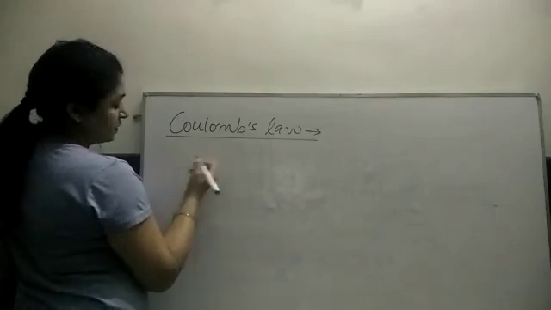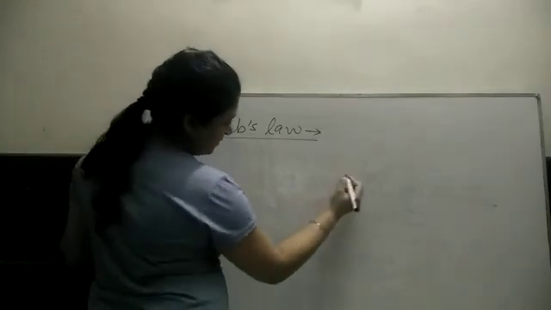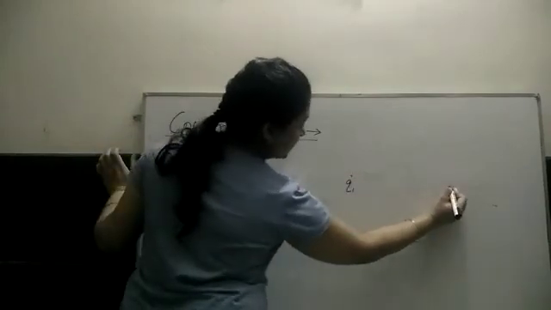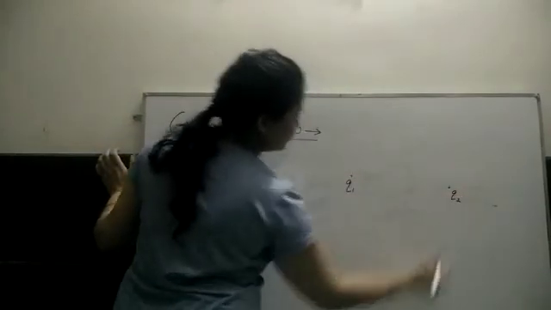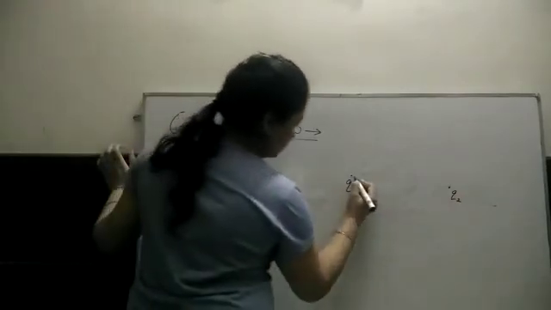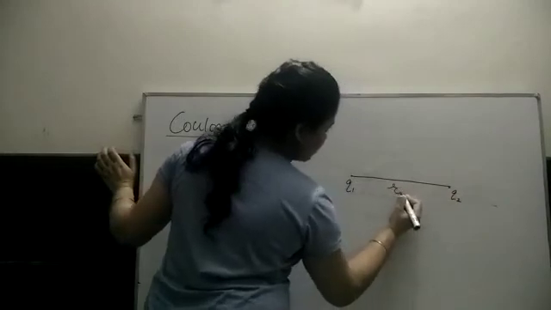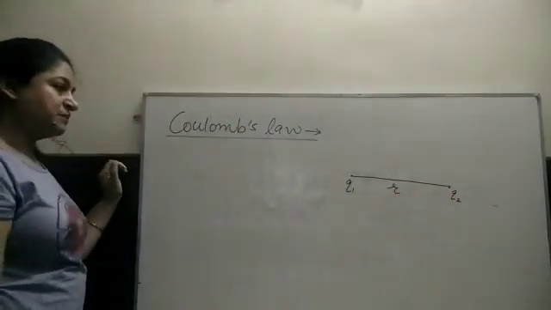So this law states that, for example, I am having two charges, one is Q1 and another is Q2. Now consider these two charges are separated by some distance r.